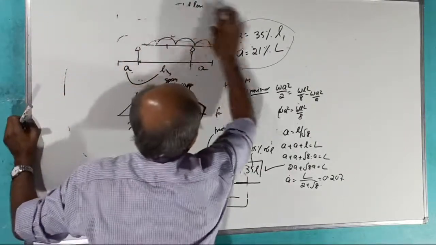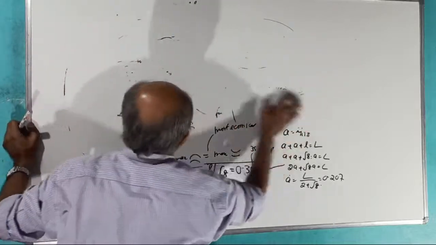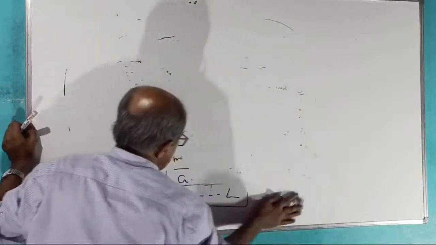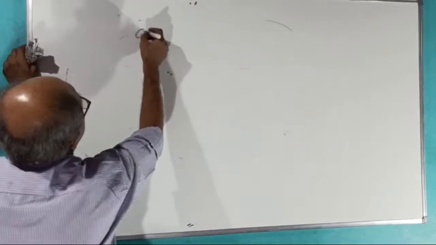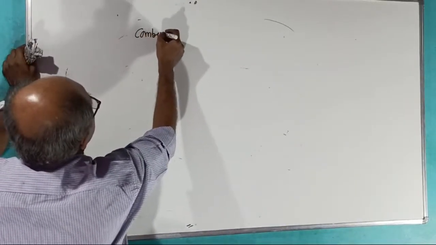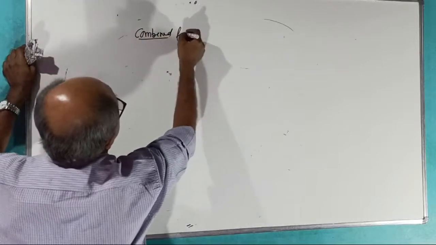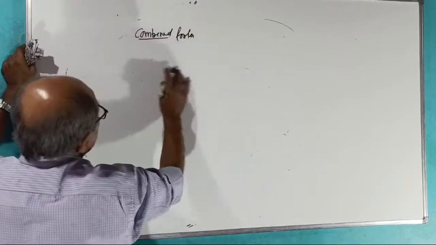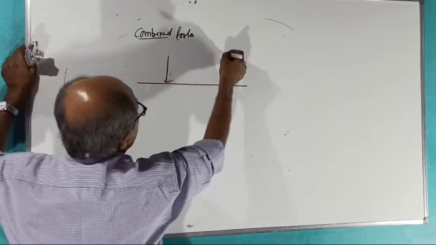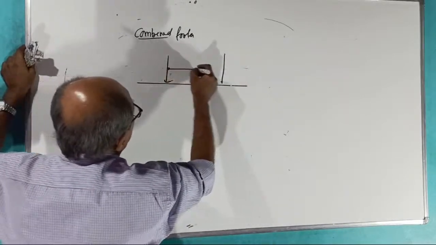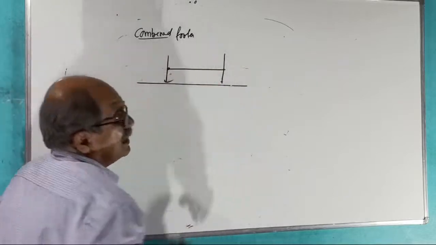Now note, that is for symmetrical case. Now come to combined footing. What happens is, column loads are here. Earlier what I told l, now becomes what? Tell me.